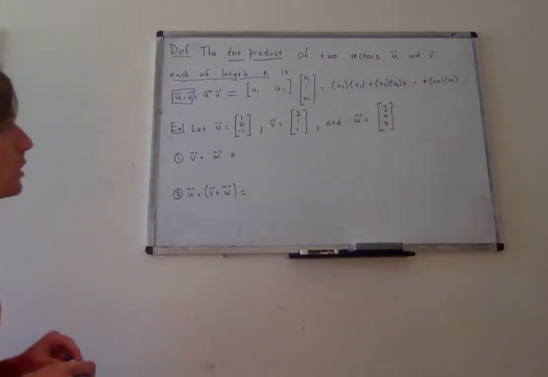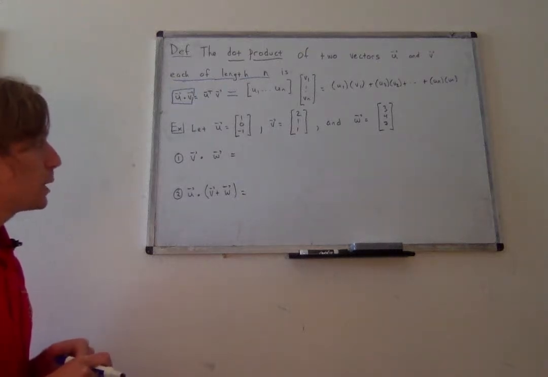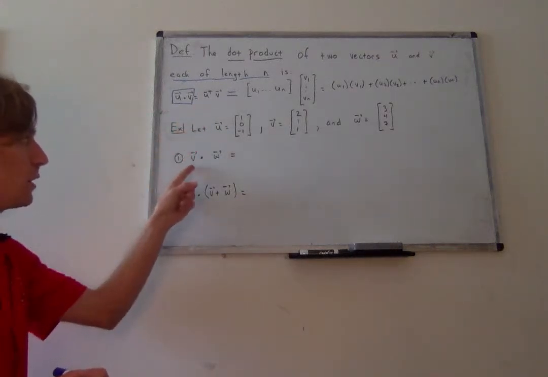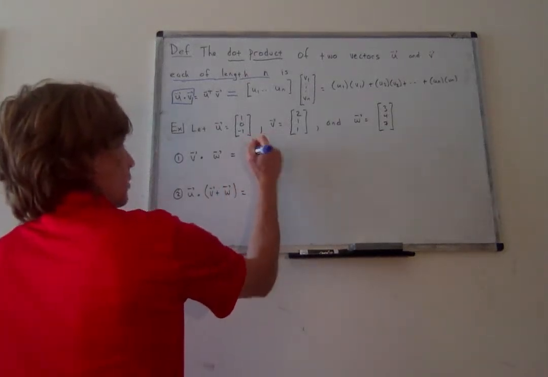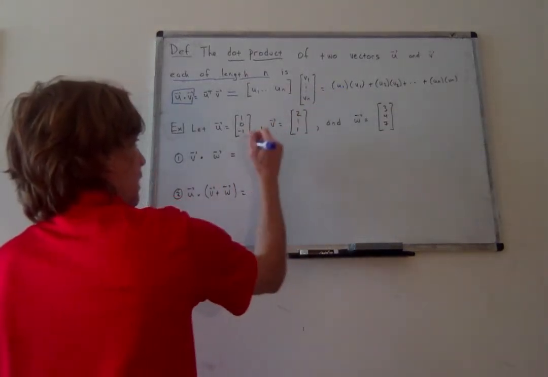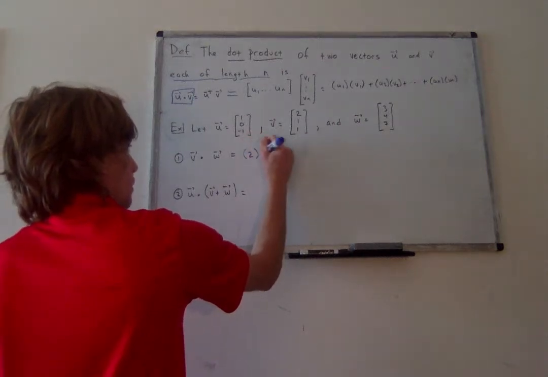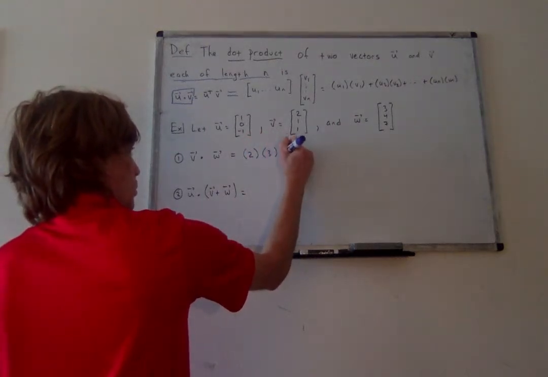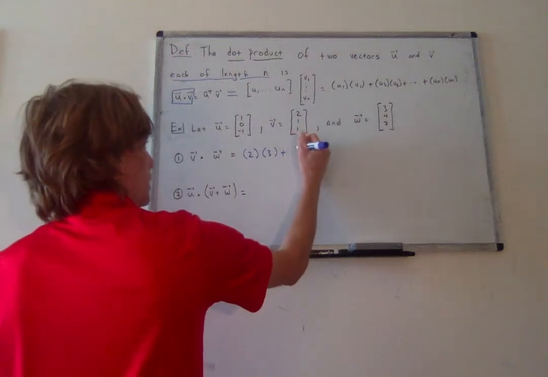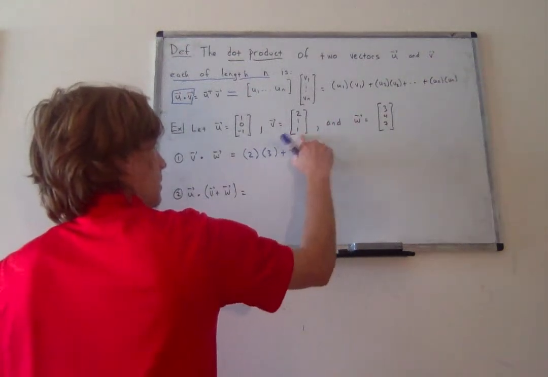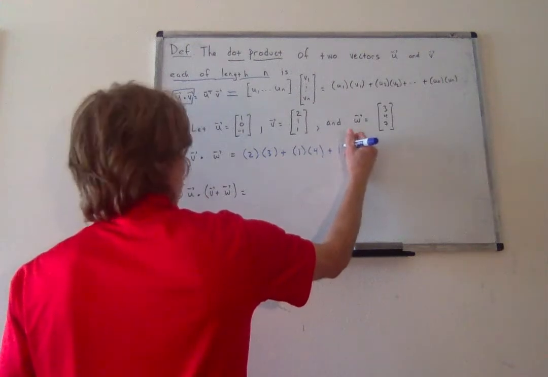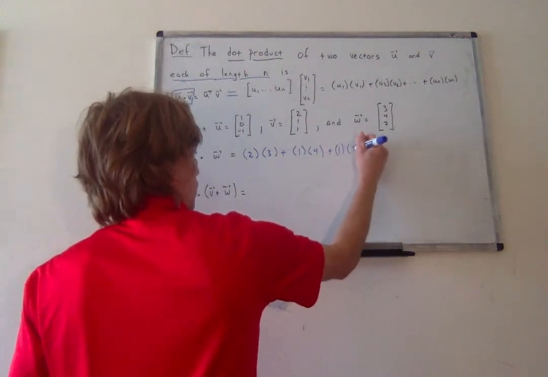So I've got 3 vectors here, u, v, and w. So by this definition, v dot w, to calculate this, I'm going to line up the first entry of v times the first entry of w, plus the second entry of v times the second entry of w, plus the third entry of v times the third entry of w.